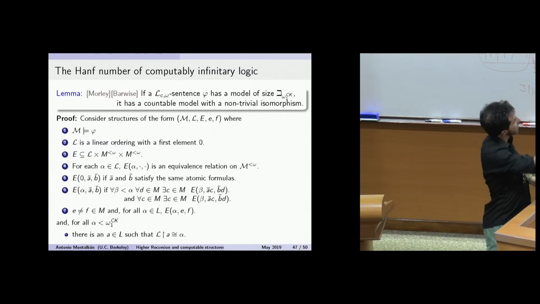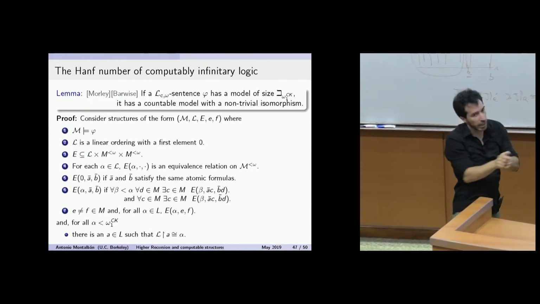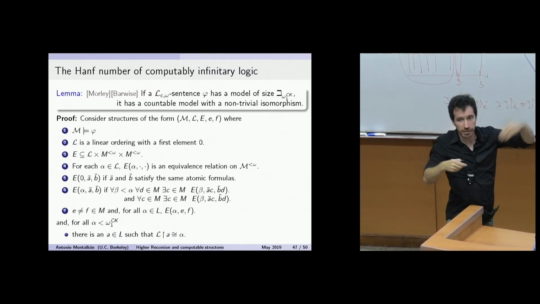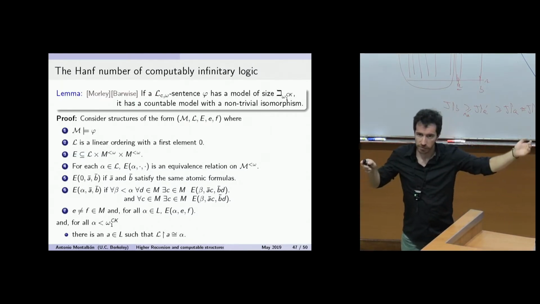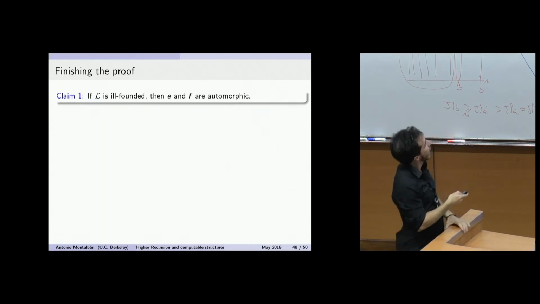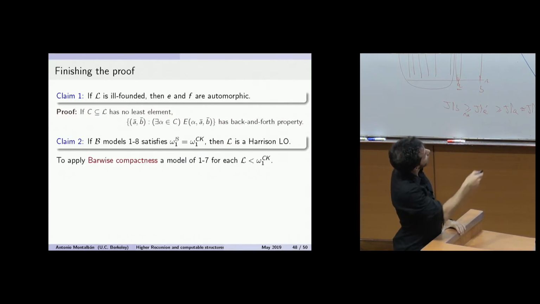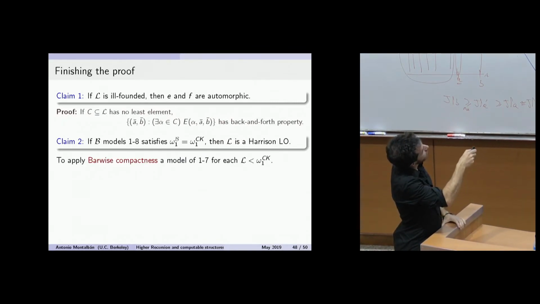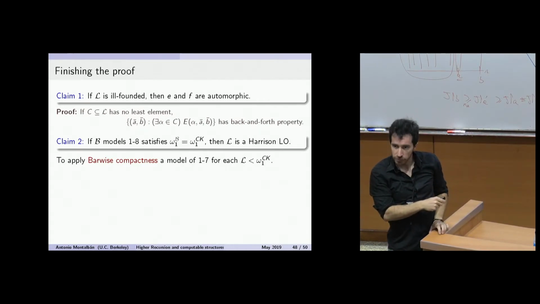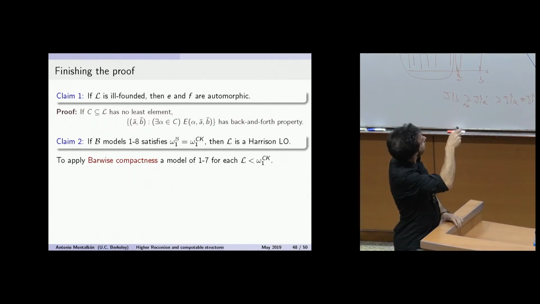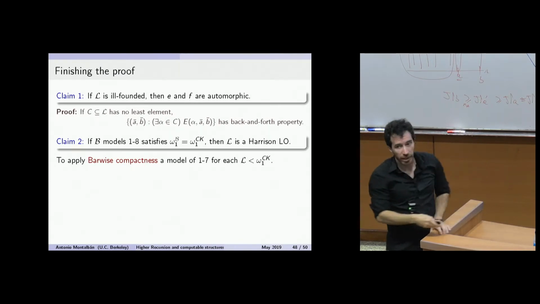So if we manage to get this property up to each computable alpha, then by Barwise compactness we can get all of them together. And we can even get one which satisfies this property too. We mentioned that before. So we need to build a model of 1 to 7 for each L below omega 1ck.